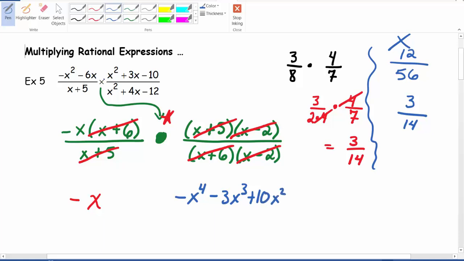And then we're going to do our negative 6x. So negative 6x times x squared would be negative 6x cubed. Negative 6x times that 3x gets us negative 18x squared. Negative 6x times our last item, negative 10, gives us positive 60x.